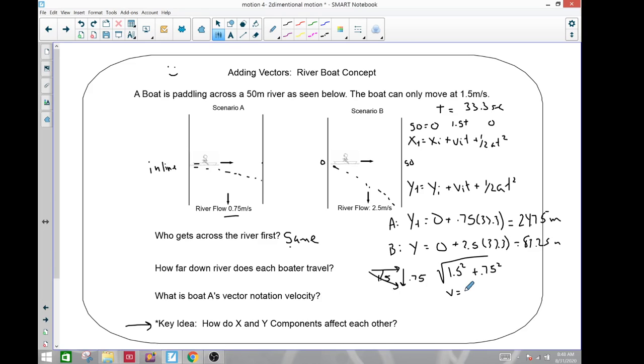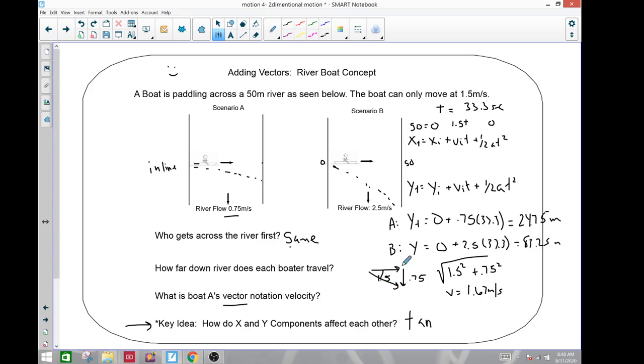1.67 meters per second. Now we need an angle too. A vector has a magnitude and a direction, so let's get that angle right there. I'm going to use the tangent function because I have everything I need for it.